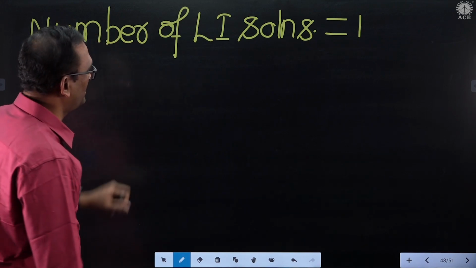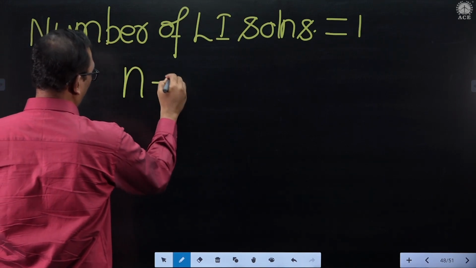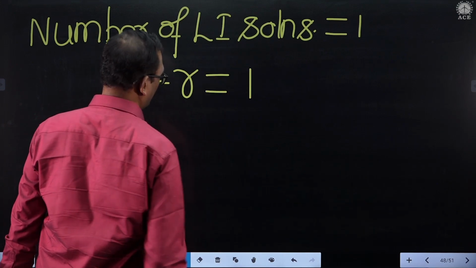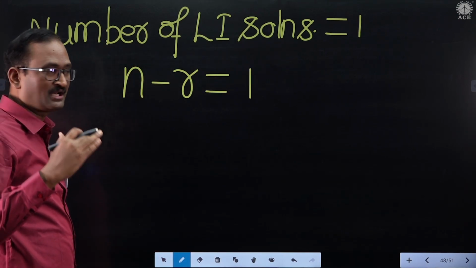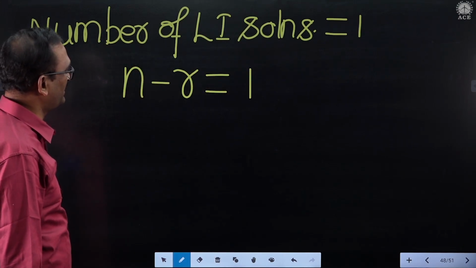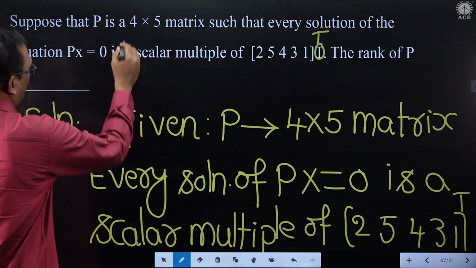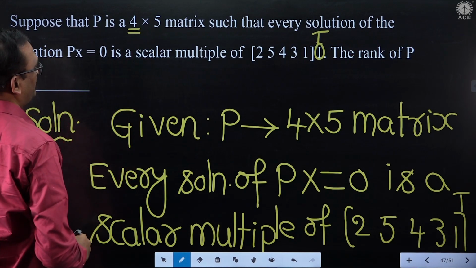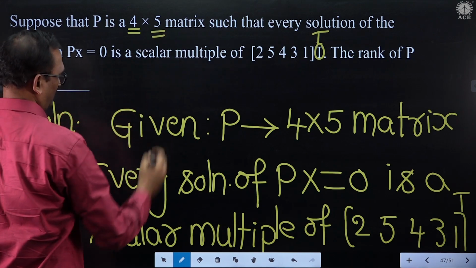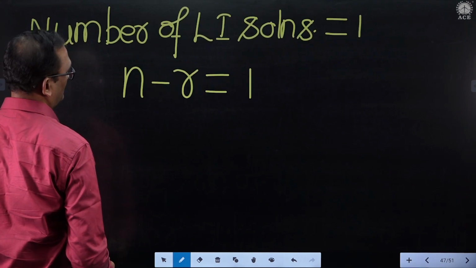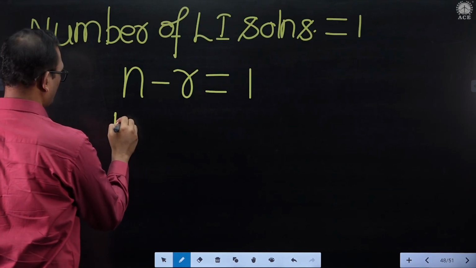Number of linearly independent solutions formula: n minus r is equal to 1. N means number of columns of the given matrix, which is 5.